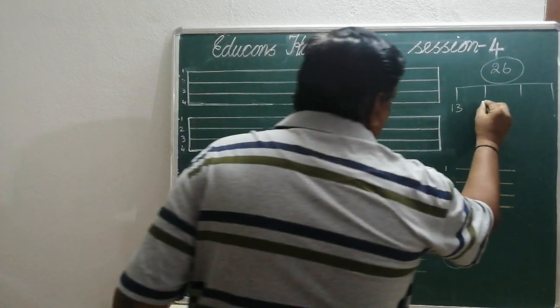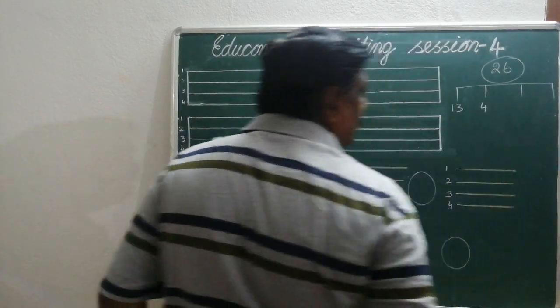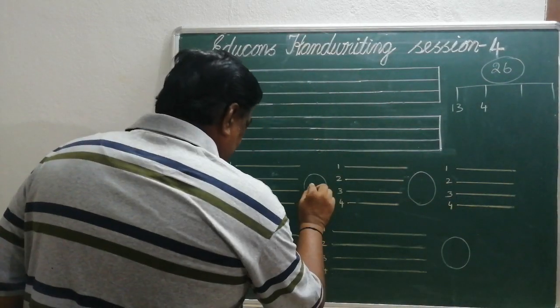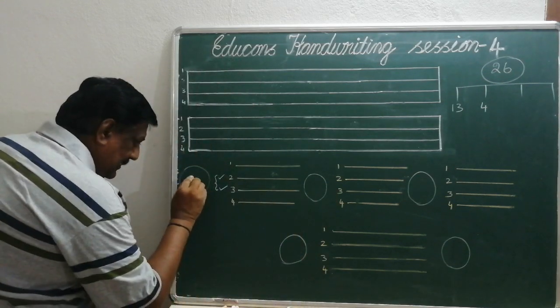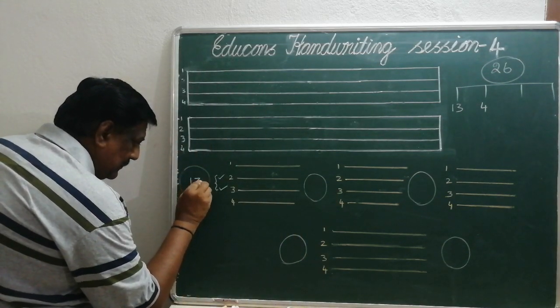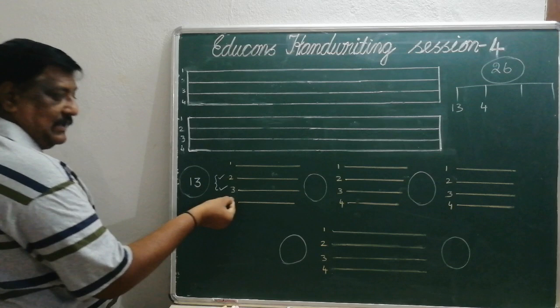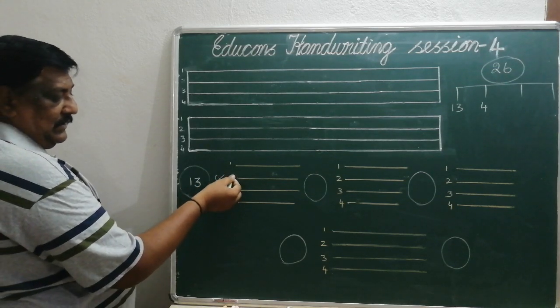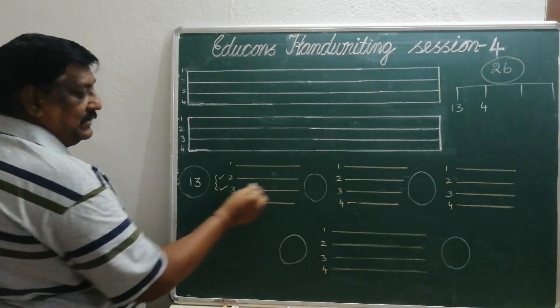Then the next four letters, okay? Next four letters, I will write here 13 letters. These 13 letters fall between the second and third line, that is, in the middle.